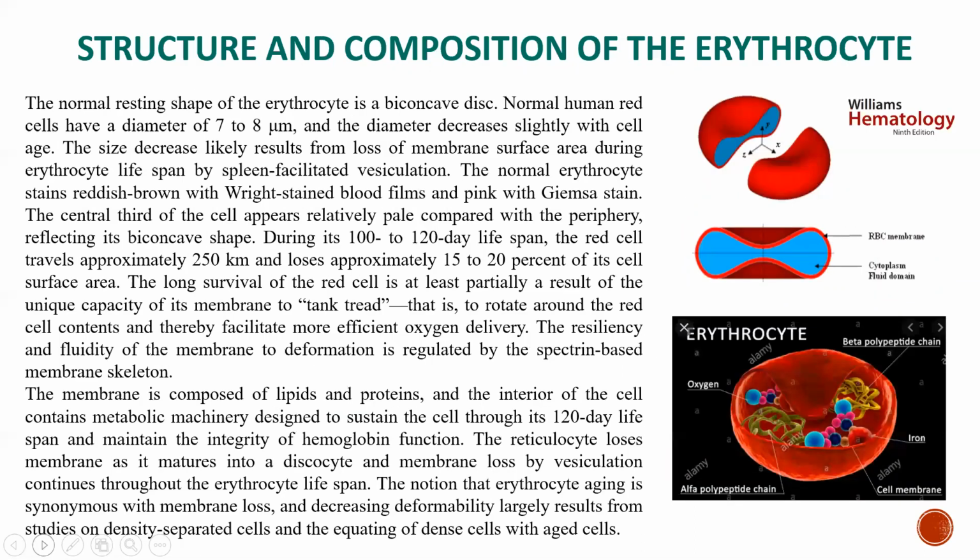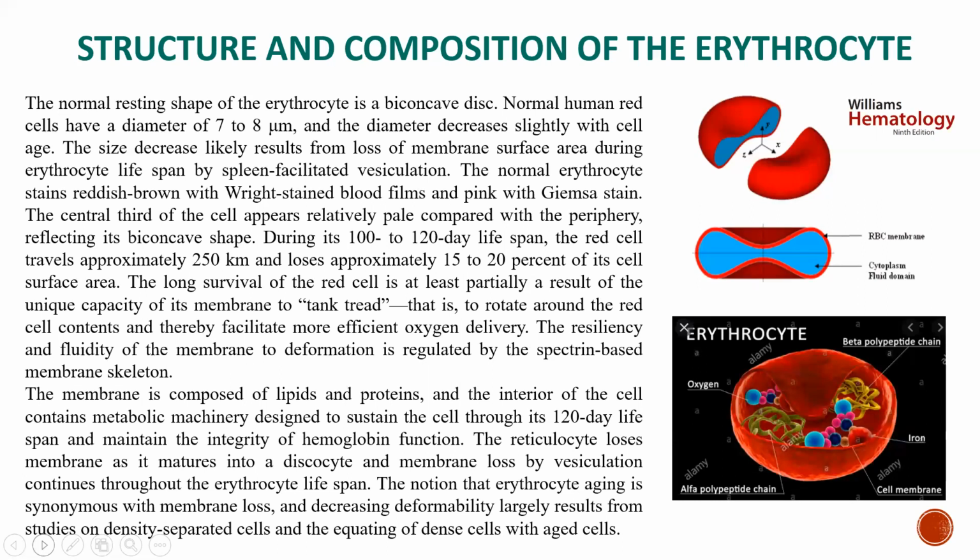The normal resting shape of erythrocytes is a biconcave disc. Normal human red cells have a diameter of 7 to 8 micrometers, and the diameter decreases slightly with cell age. The size decrease likely results from loss of membrane surface area during the erythrocyte lifespan by spleen-facilitated vesiculation. The normal erythrocyte turns reddish-brown with Wright-stained blood films and pink with Giemsa stain.